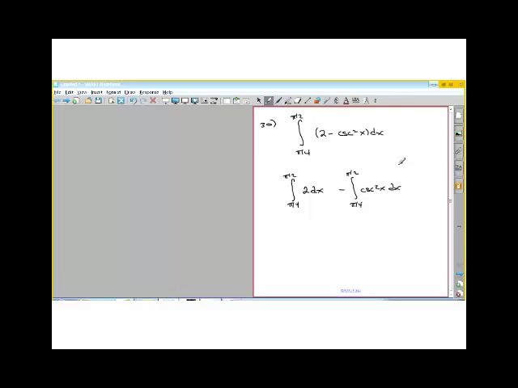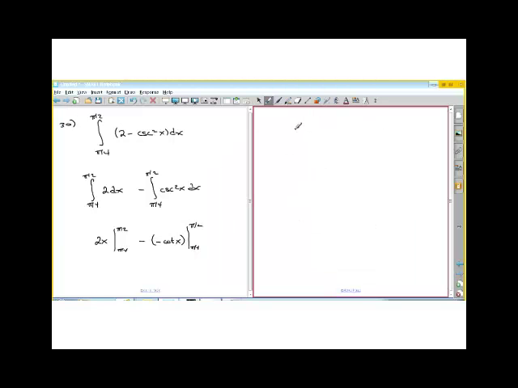So we look in the book, and it says negative the cotangent. So this part just becomes 2x between pi over 4 and pi over 2. And the integral of the cosecant squared is negative the cotangent, and we evaluate that between pi over 4 and pi over 2.